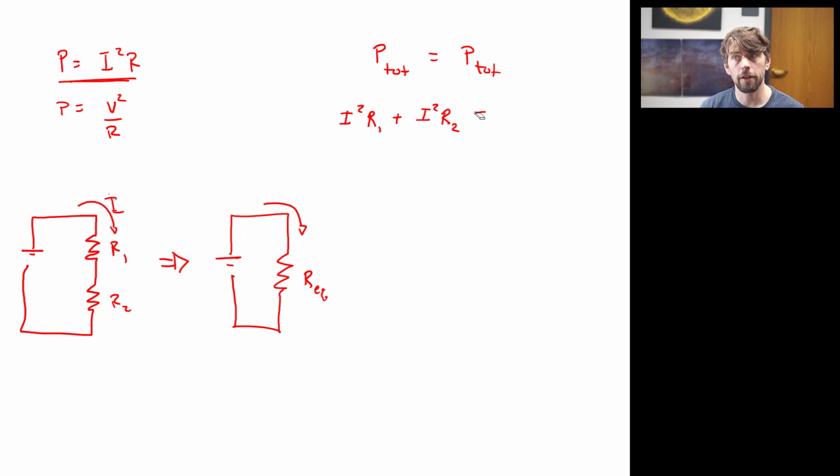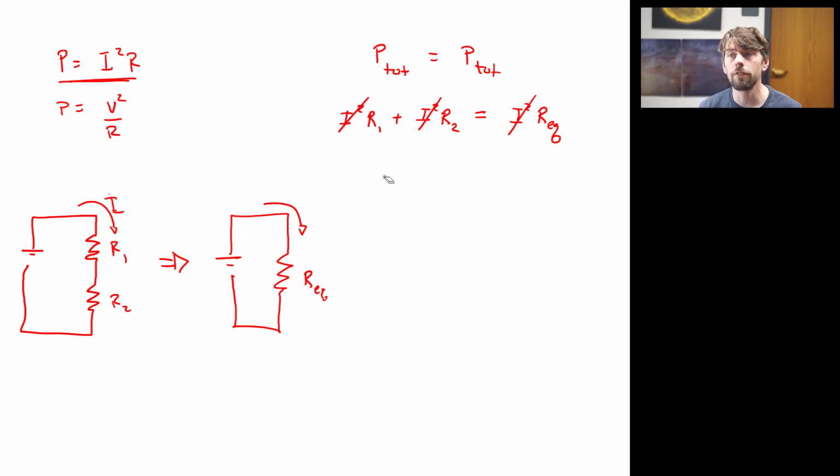Well, if I now think about the right-hand circuit with the equivalent resistance, I want to keep the current the same, and I would like to simply know what the equivalent resistor value needs to be. And now we have a goody-goody moment. The currents cancel because I wanted those to be the same by design.